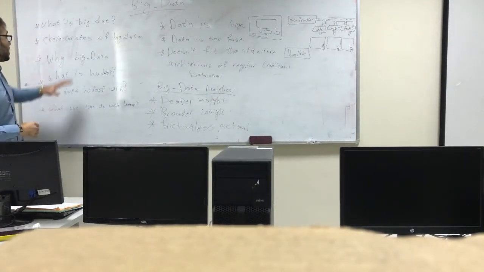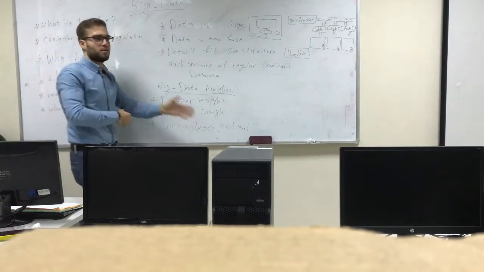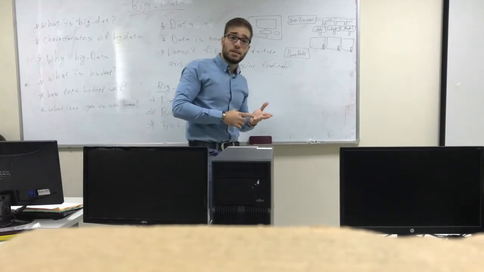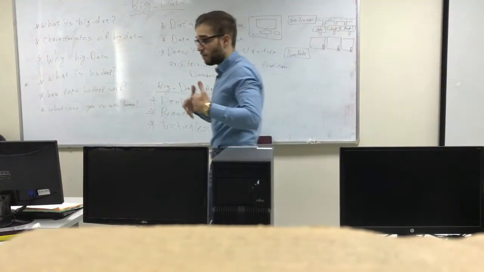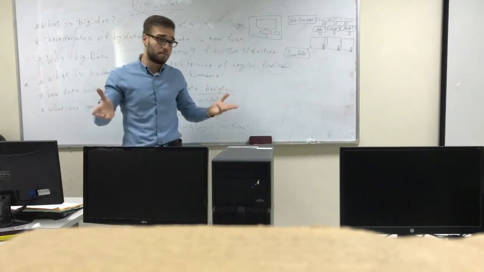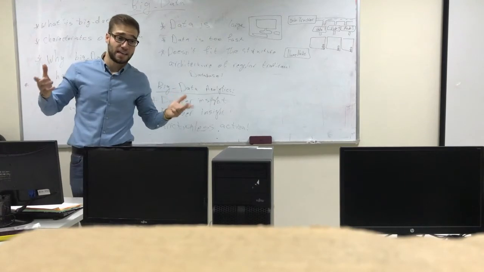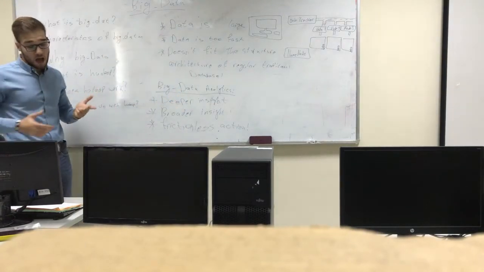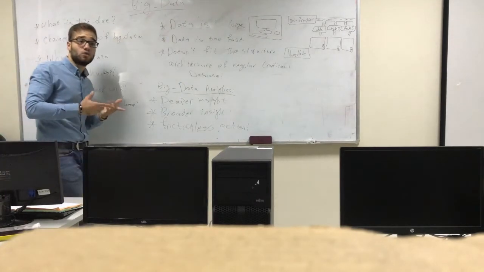Now we will be talking about the characteristics of big data. People like to call that the 3 V's, which is the velocity, how fast the data transfers, how fast the data goes from one place to another. There's the volume, how big the data is, what is the size of this data, and the variety, what type of data we have.